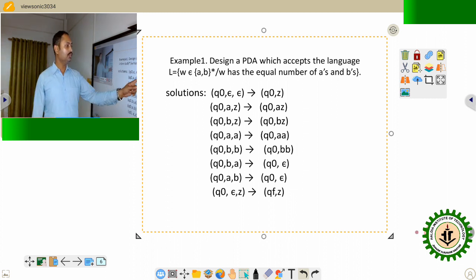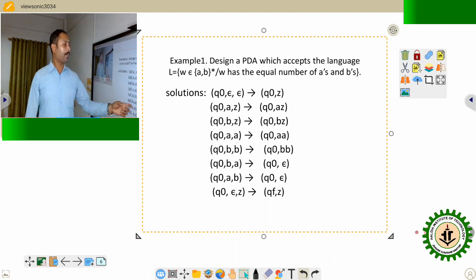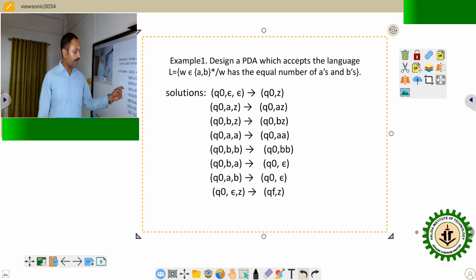So this is the movement AZ. What is the meaning of that? We are going to place input symbol A just upper portion of Z.